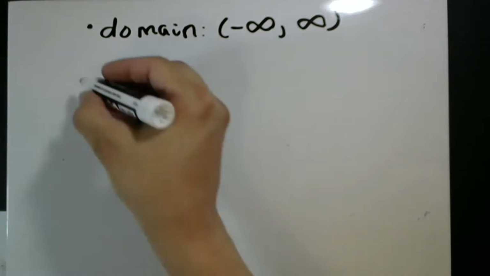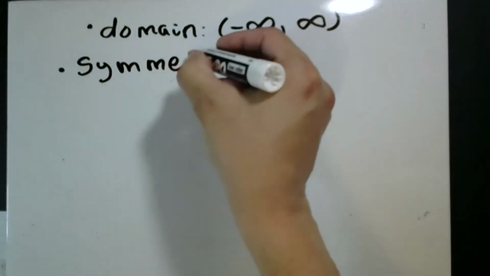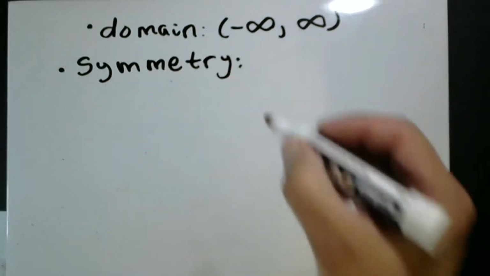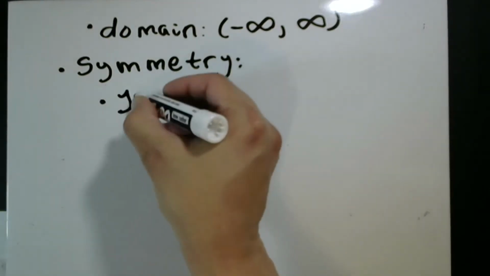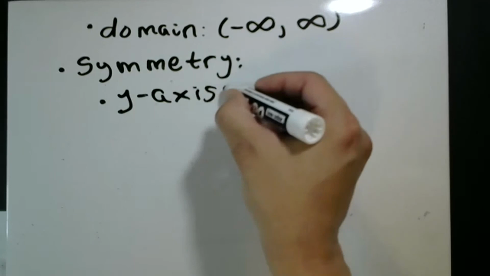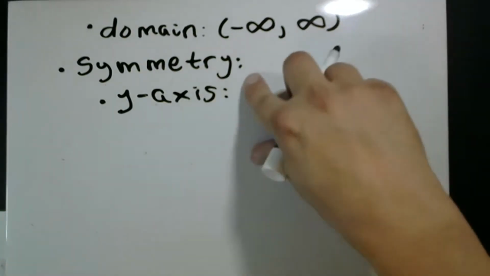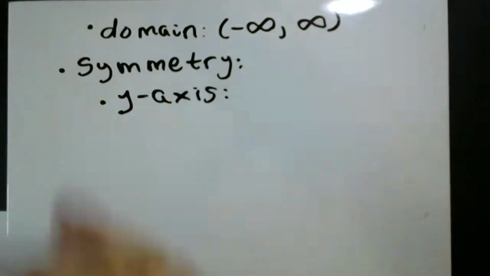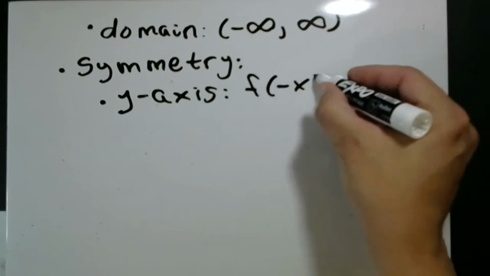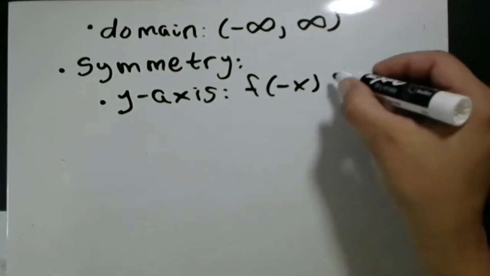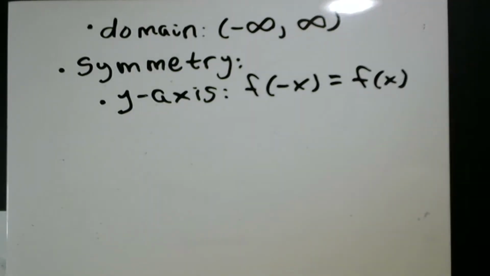Now, the next thing we're going to look at is symmetry. And again, this helps us graph the function. We have 2 types of symmetry that we look for. There's y-axis symmetry, where the function is going to be a mirror reflection of itself across the y-axis. And this says that if we take -x and put it into function f, it simplifies down just to the original function again.